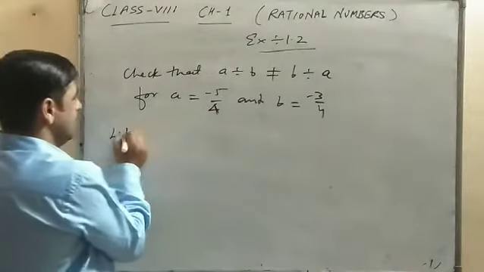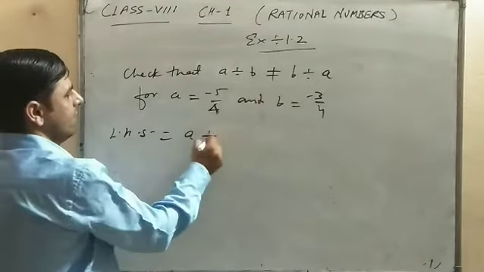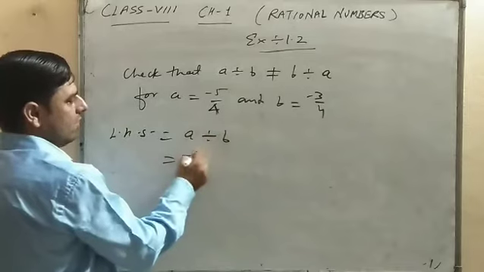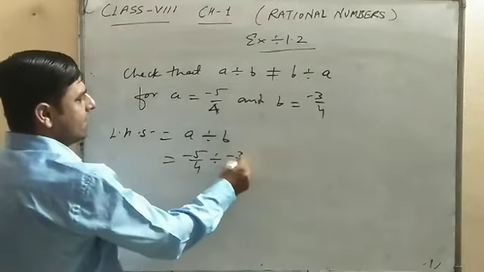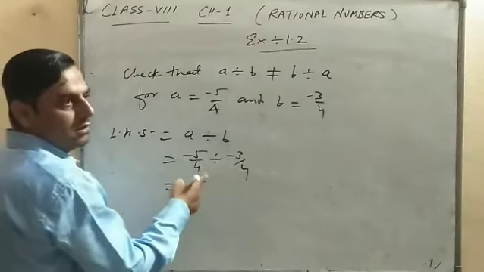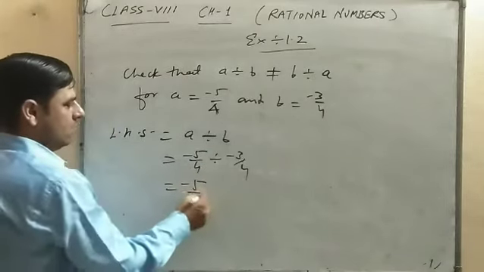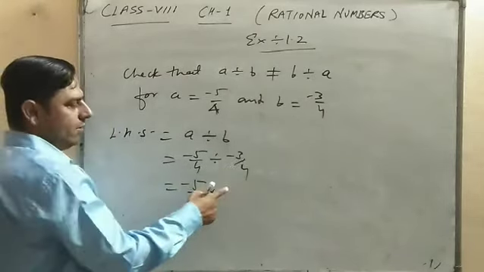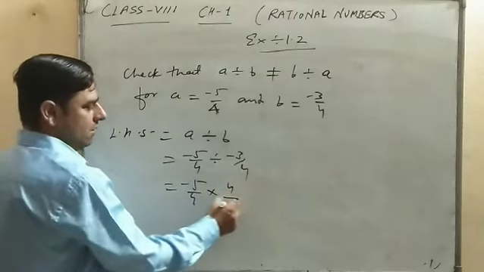So let's see, in the left hand side, A divided by B, so minus 5 by 4 divided by minus 3 by 4. If you want to change the symbol to multiplication form, the second number will be written as its reciprocal.